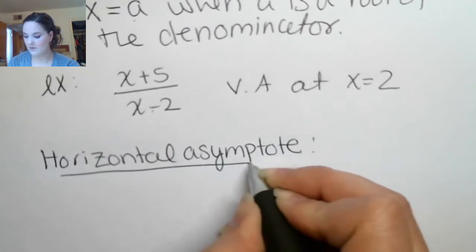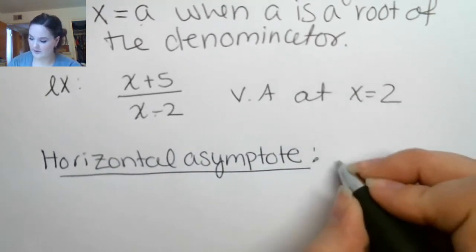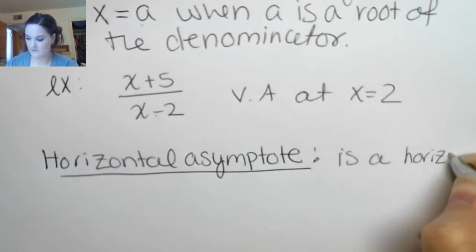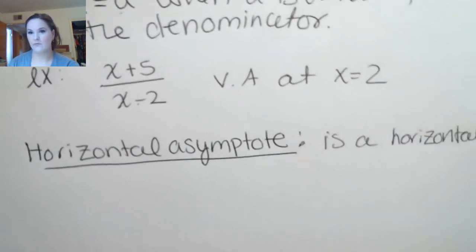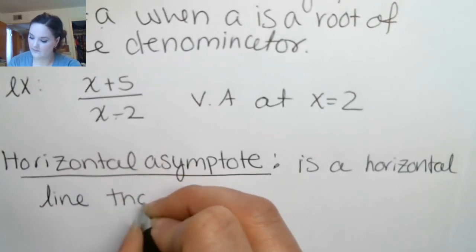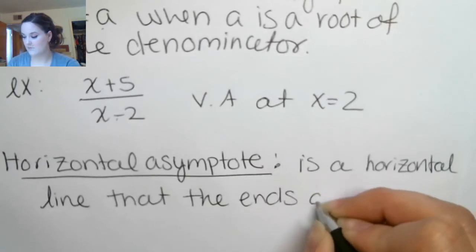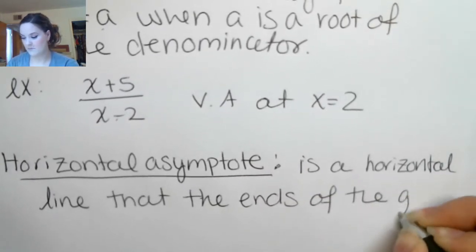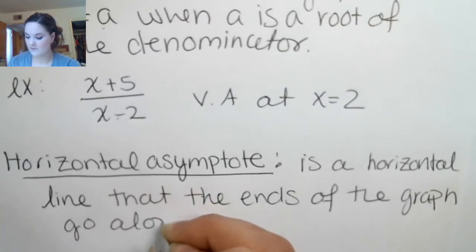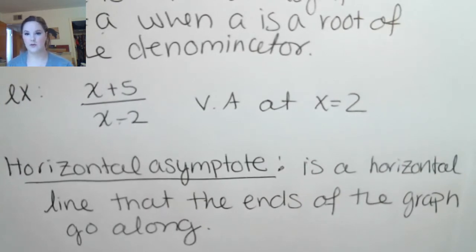Okay, so this is a horizontal line. Okay, and the ends of the graph should go along that horizontal line.